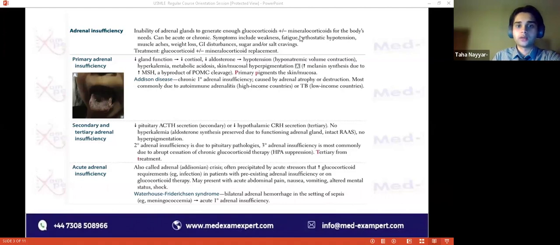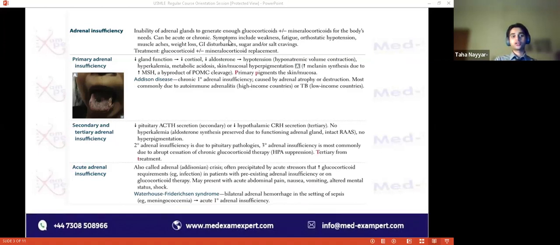Now, what are the symptoms of adrenal insufficiency? I highlighted the symptoms. That's why I was teaching you the functions of cortisol and aldosterone, because if you know the functions of aldosterone and cortisol, you can reverse those functions for adrenal insufficiency. Depending upon acute or chronic, the symptoms of adrenal insufficiency include weakness, fatigue, orthostatic hypotension, weight loss, GI disturbances, and sugar and salt cravings.